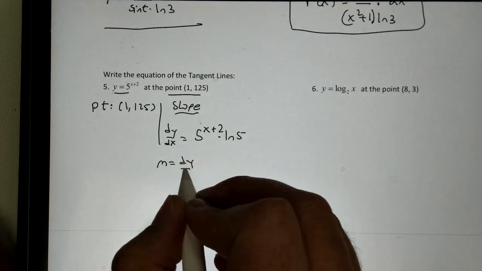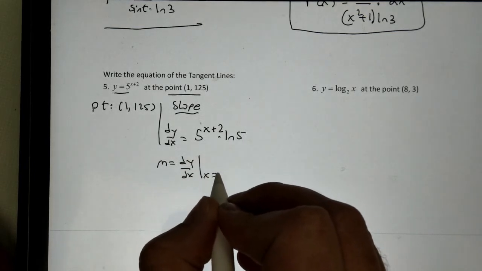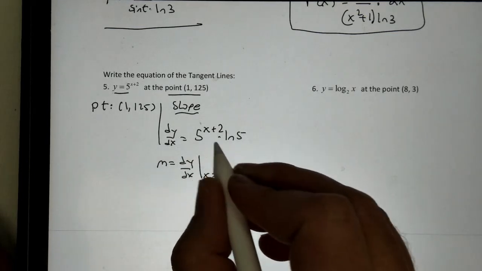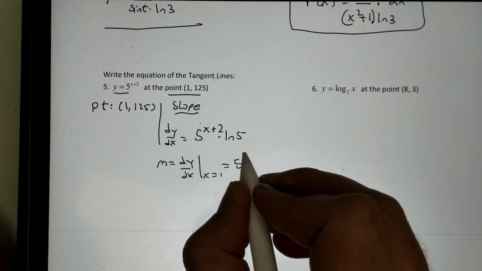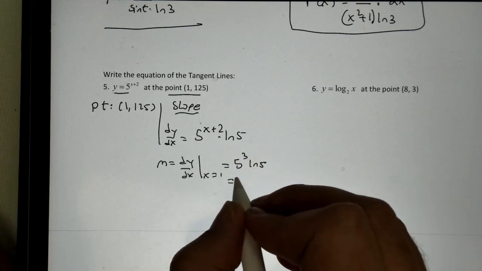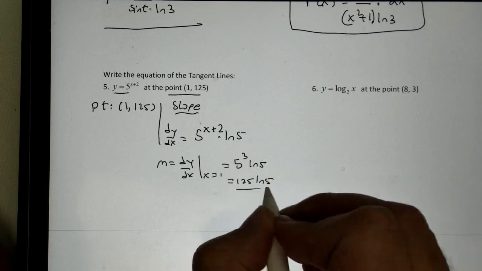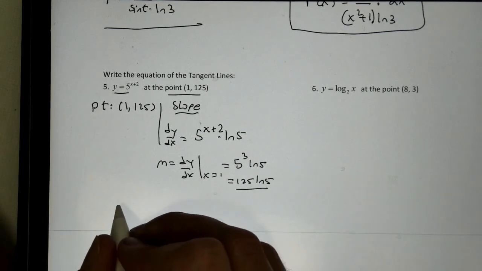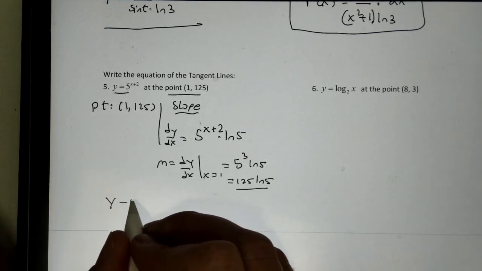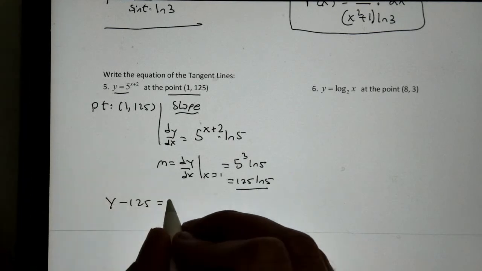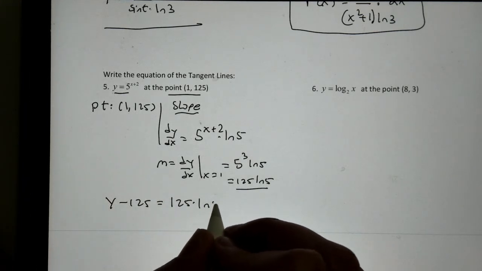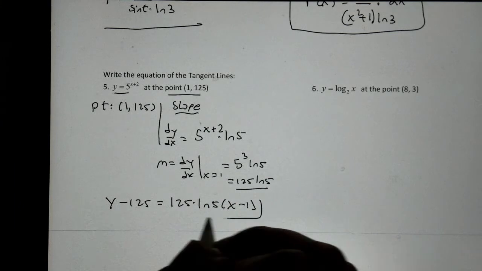It's the derivative, dy/dx, at x equals 1. And if we plug it in, this just becomes 5 cubed natural log of 5, or 125 natural log of 5. There's my slope. So my tangent line, y minus 125 equals 125 times the natural log of 5, x minus 1. And there we go.